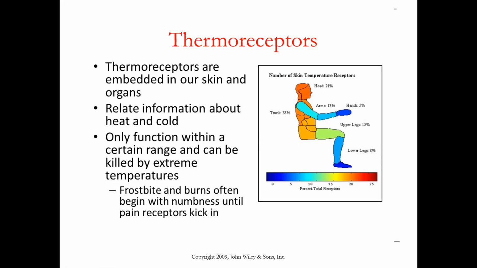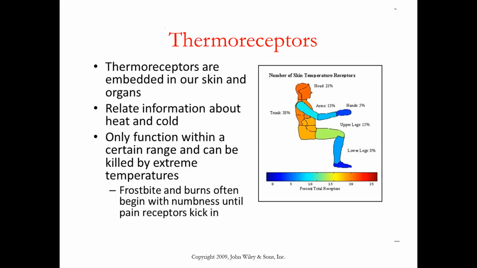Now, they work within their operational range. If you exceed that range, then they shut down. They're destroyed if you exceed their operating range. If you exceed the heat range, they're destroyed, and then pain receptors start kicking in.